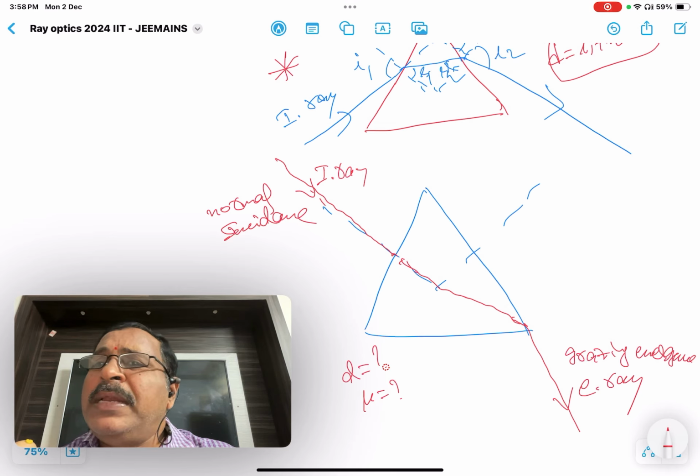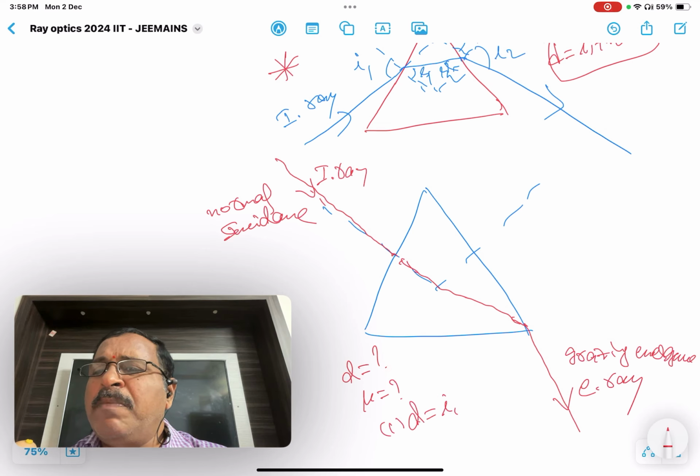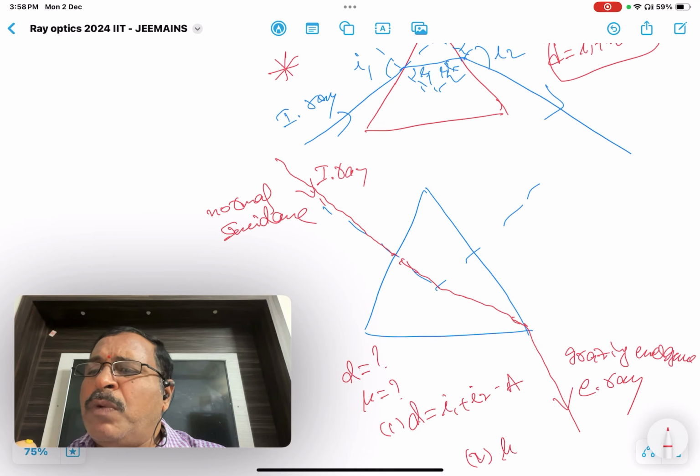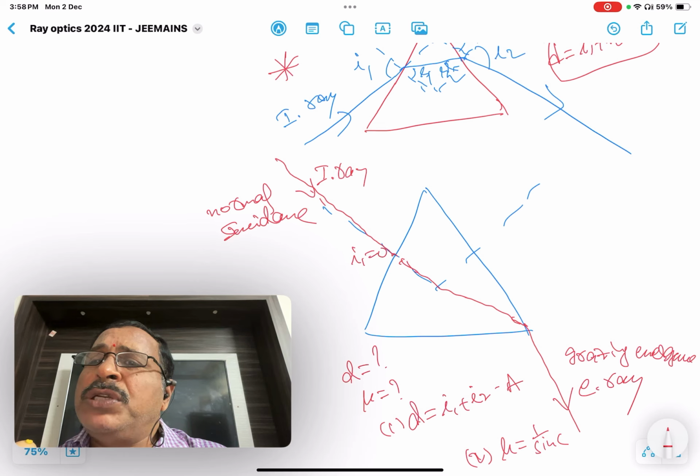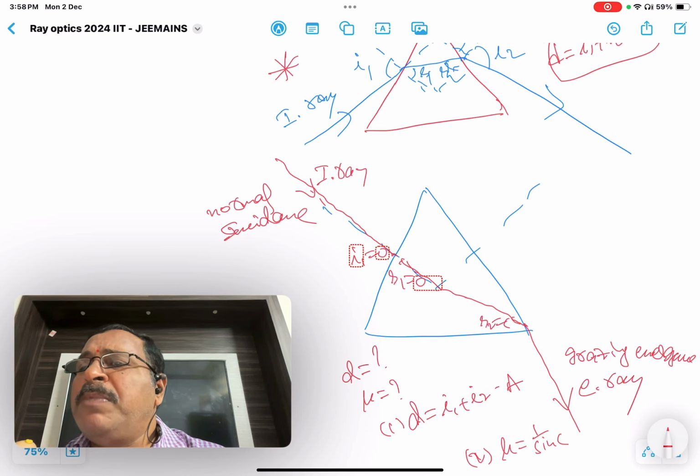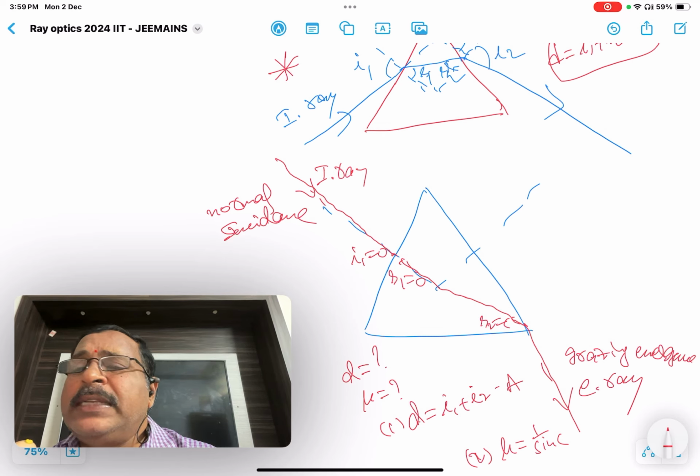Angle of deviation means the general formula. First bit to answer: D equals I1 plus I2 minus A. And the second formula is mu equals 1 by sine C. Now, I1 equals 0 because the light ray is falling normally, and R1 also is 0. Then R2 equals C because of the grazing emergence, where the angle of incidence is equal to the critical angle.